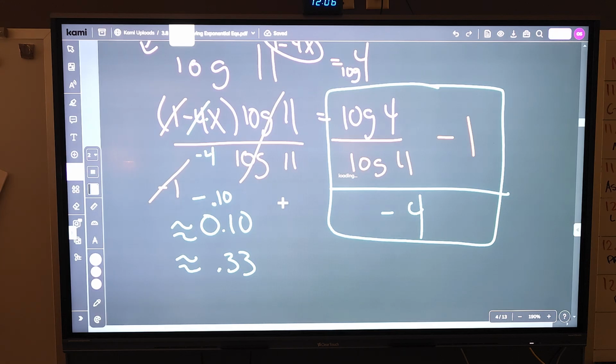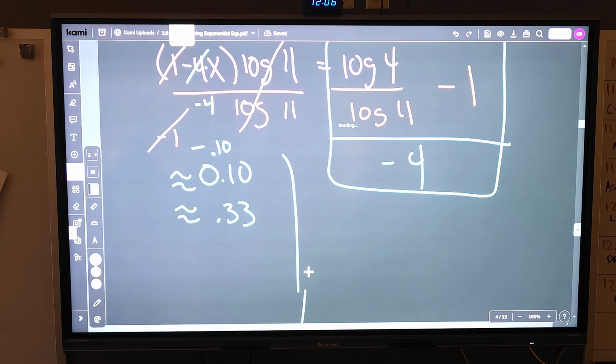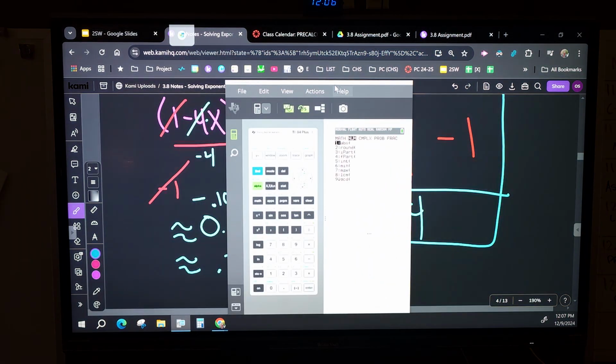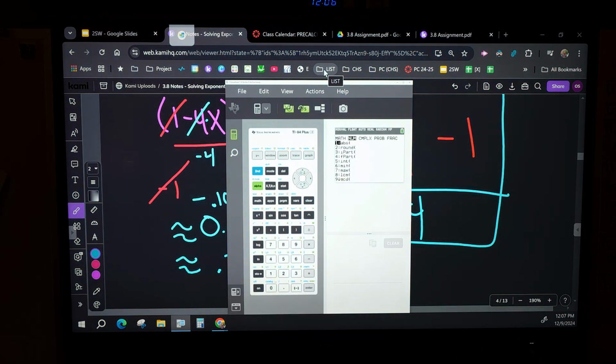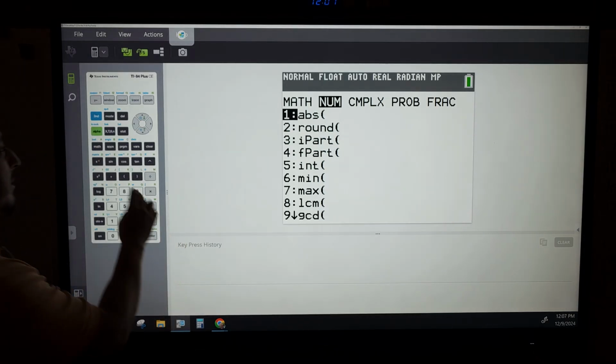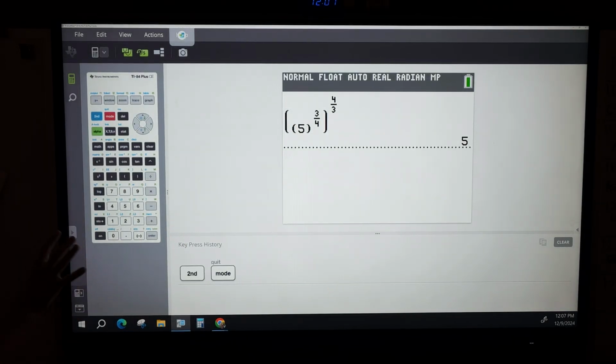Okay, so let's do it. What is the right answer? I think maybe this is easier, just doing a step at a time.